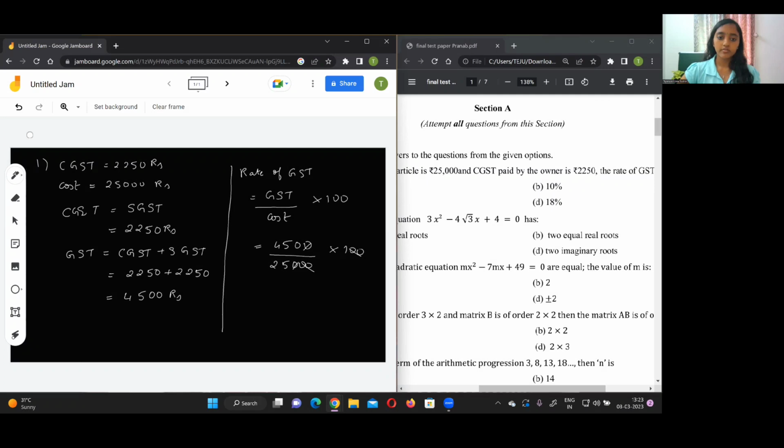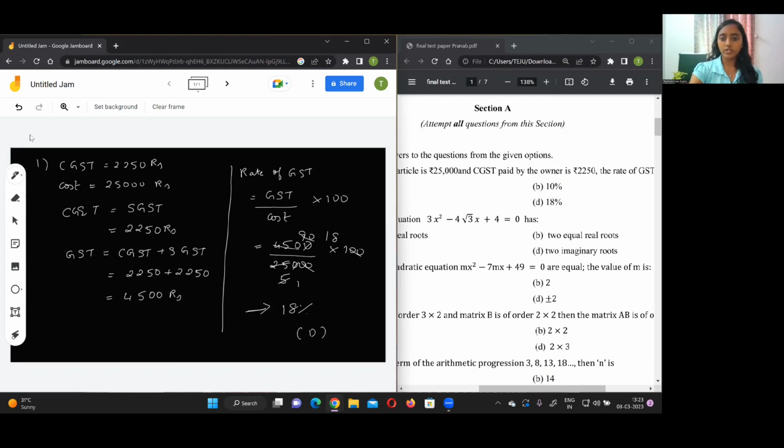Right? So therefore, the rate of GST will be 18%, which is option D. So option D is the right answer for the first question.